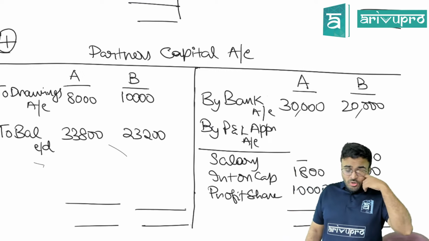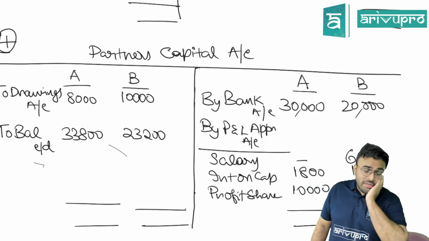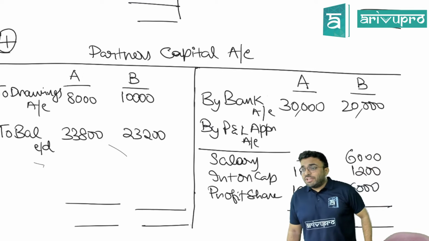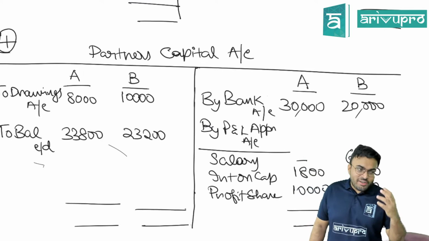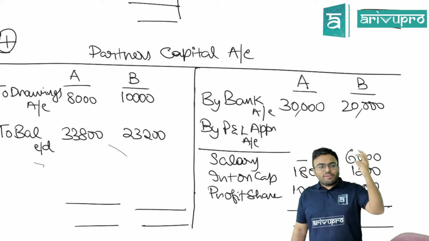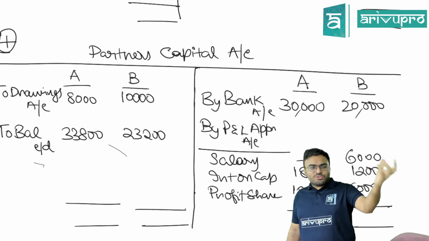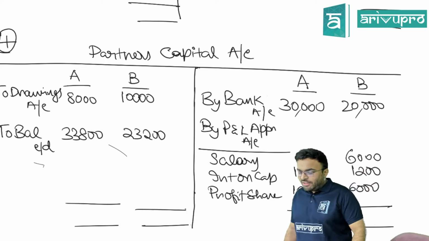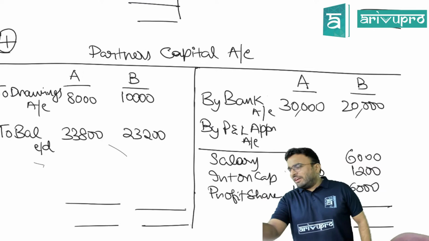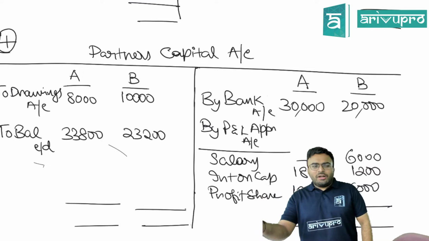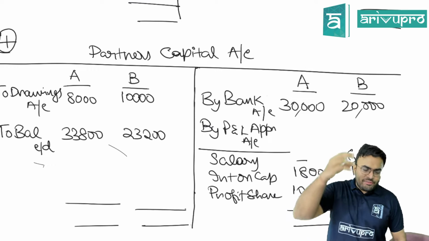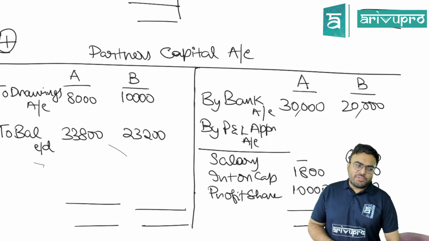So many people are asking about interest on loan from the second question. Guys, it is not there in P&L appropriation because from 45,000 they have already reduced it. What was that interest on loan? 120. So 44,880. They have reduced it and brought only 44,880.